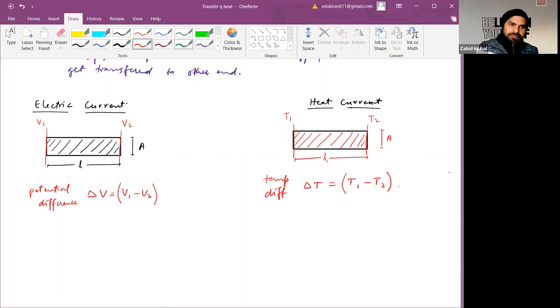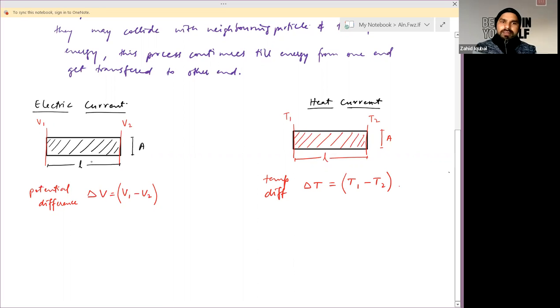Now, every object has some opposition to the flow of particles through it. Like for electric current, or the flow of electric charge through it, it must offer some opposition, which is called resistance.